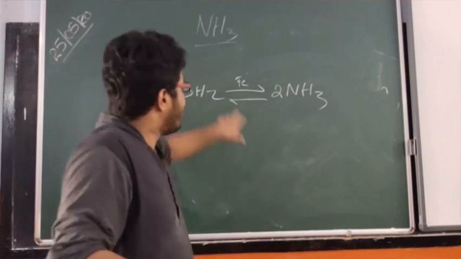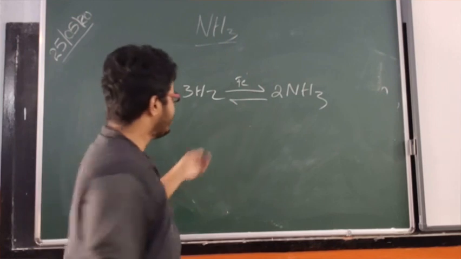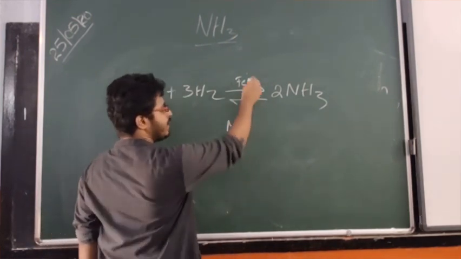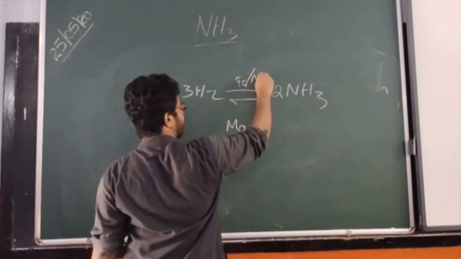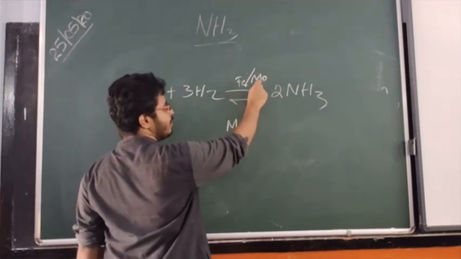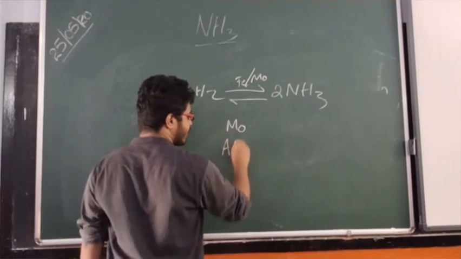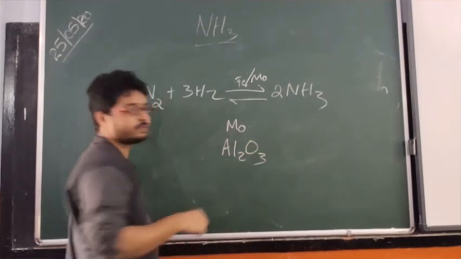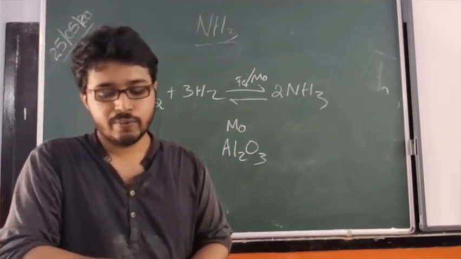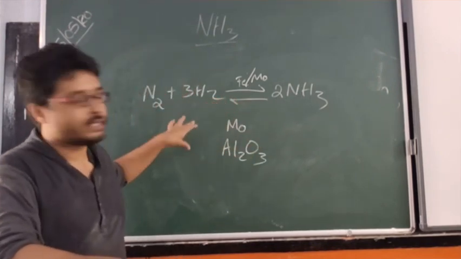Along with the iron, you can use either of two promoters available: molybdenum, written as Fe bar Mo, where Fe is the catalyst and Mo is the catalytic promoter, or Al2O3, alumina. You will study alumina in another chapter, the metallurgy chapter. Either of these can be used as the catalytic promoter.